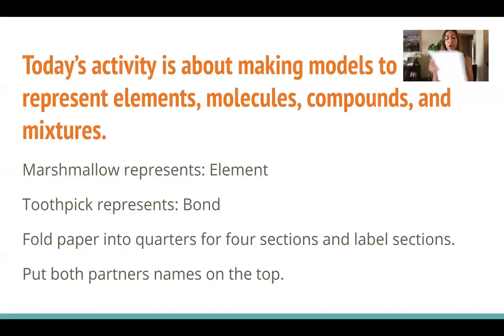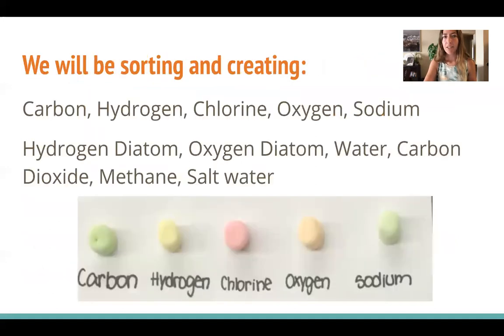So I would like you to label them. So this is what I've done. Elements, molecules, compounds, and mixtures. And also I would like everybody to write your name at the top of the paper so that I can know who they belong to. Once I've seen everyone has done this, we will move on.